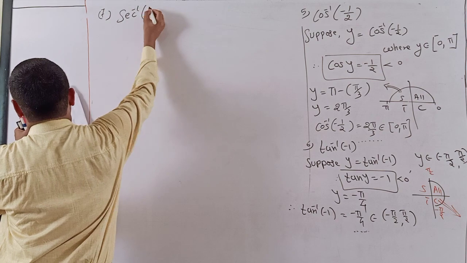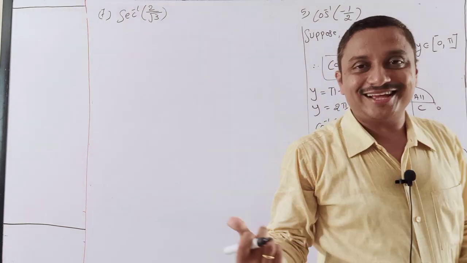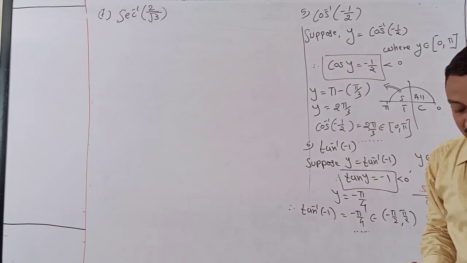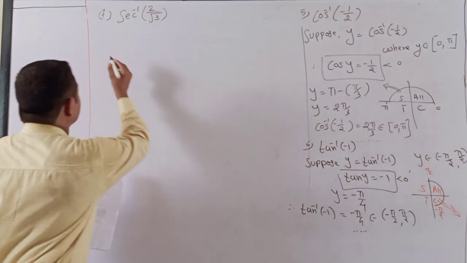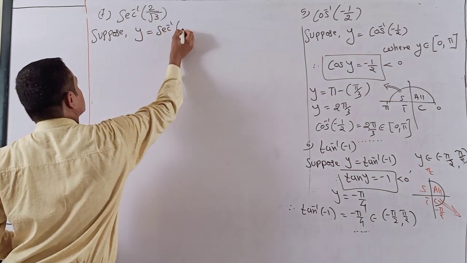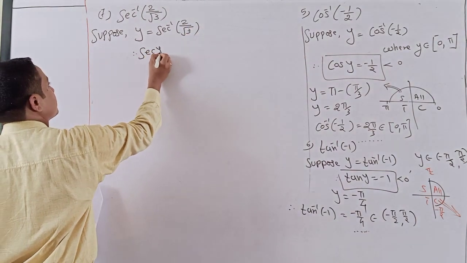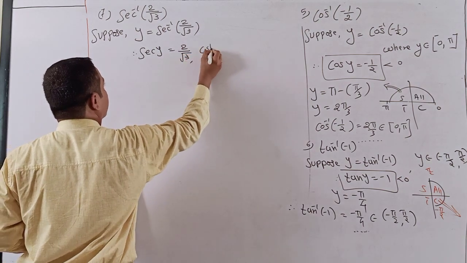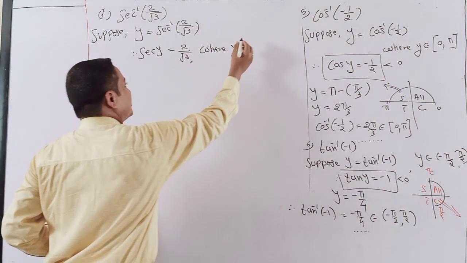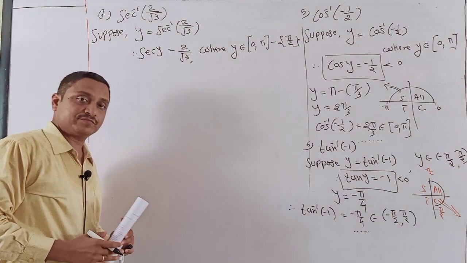Second one: 2 by root 3. Yes, you know when it is 2 by root 3, it is 30, because cos 30, you know, is root 3 by 2. The answer is 30, but I go method-wise. Suppose y is equal to your question. Students, it is necessary to write down the method. So what is sec y? 2 by root 3, where y belongs to the range of sec inverse, the closed bracket 0 to pi, minus pi by 2.